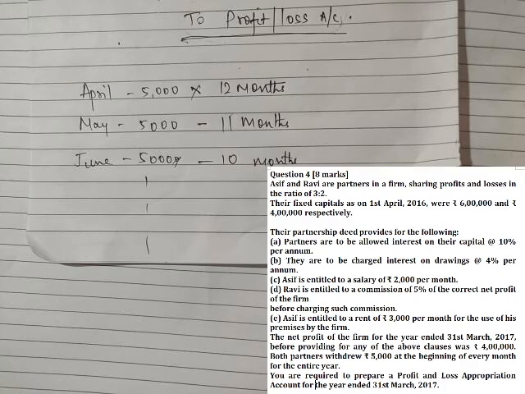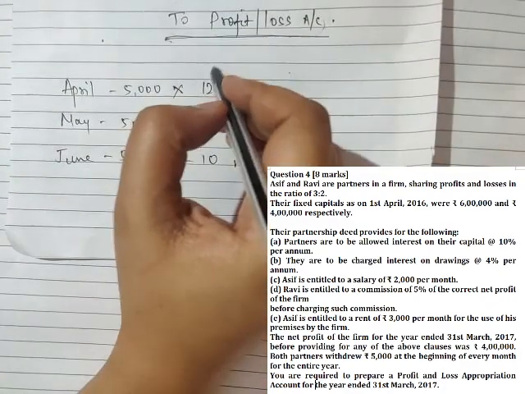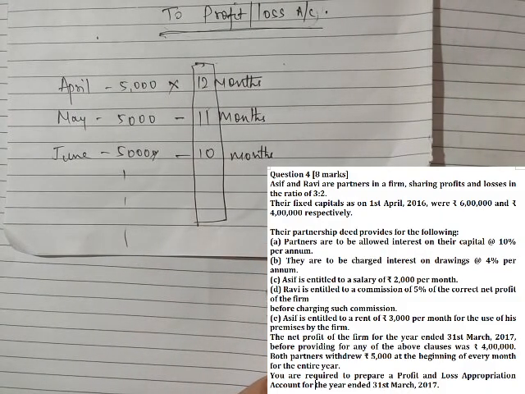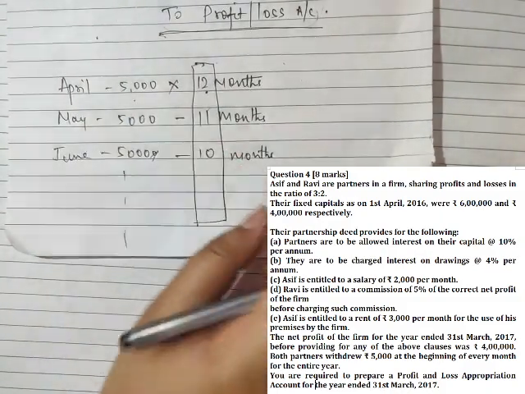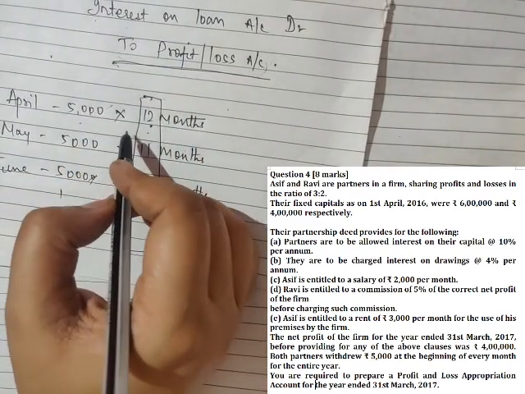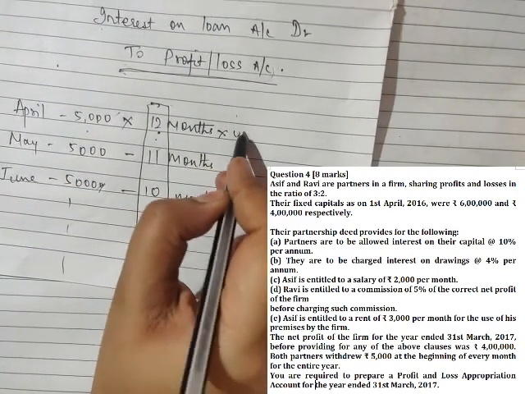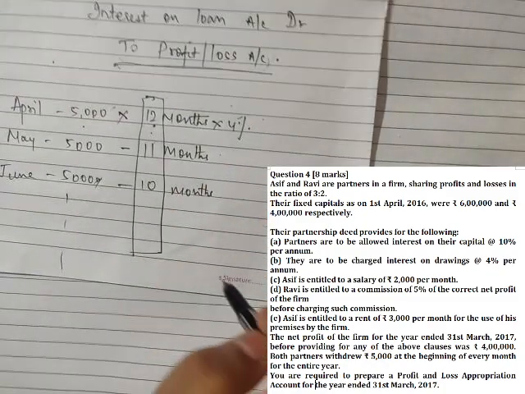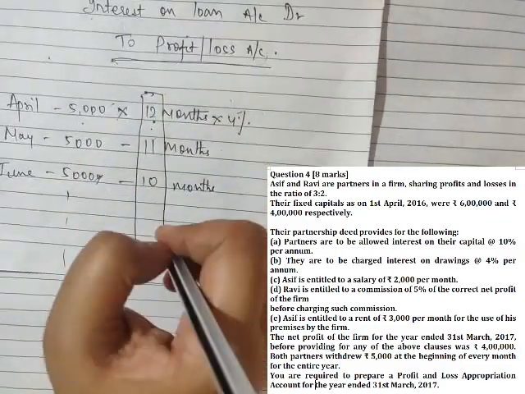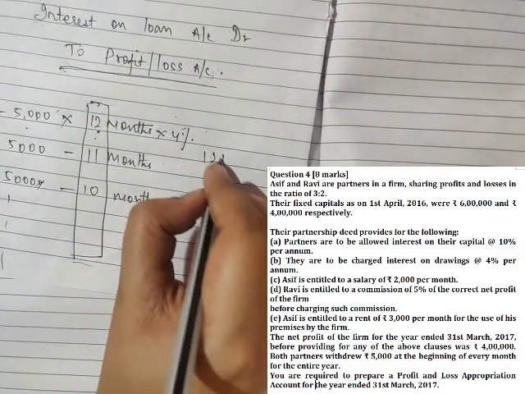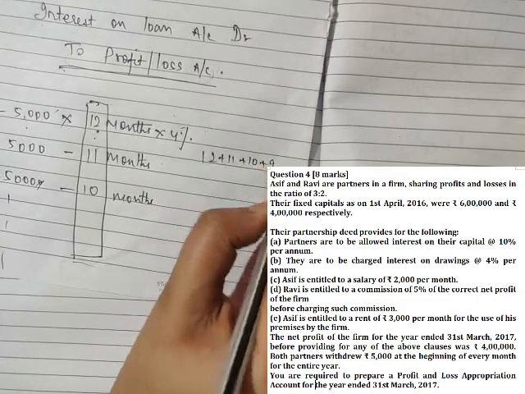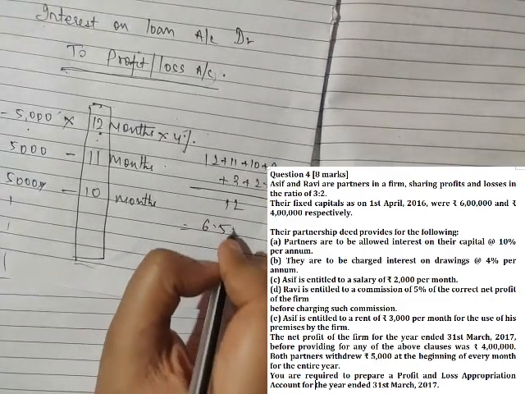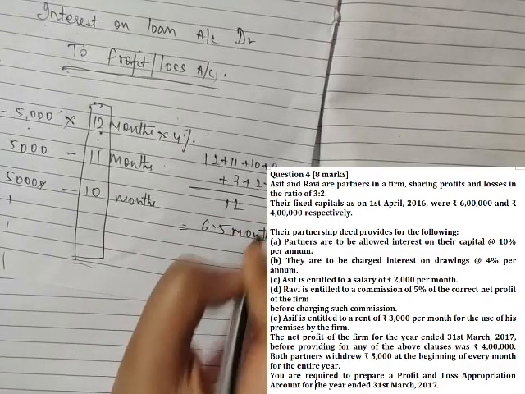Therefore, we are going to take an average of this. You can also calculate as 5,000 into 12 months into 4% and calculate the interest on drawings for each month separately. But you can just take an average of all this, that is 12 plus 11 plus 10 plus 9 and so on till 3 plus 2 plus 1, divided by 12, which will give you 6.5 months on an average.